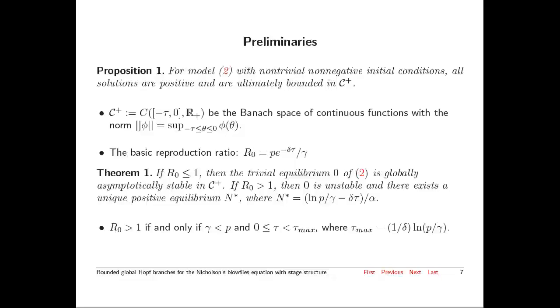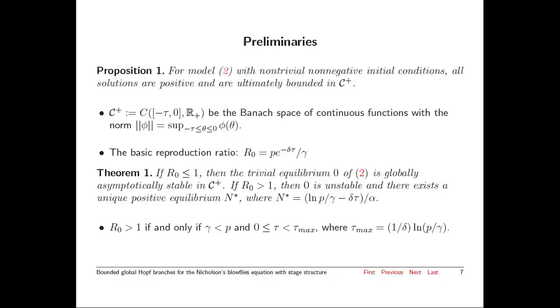Otherwise, in addition to the unstable trivial equilibrium, there exists a unique positive equilibrium N star. So next, we analyze, when R naught is larger than 1, the stability of the positive equilibrium N star, and also the existence and properties of the Hopf bifurcation.